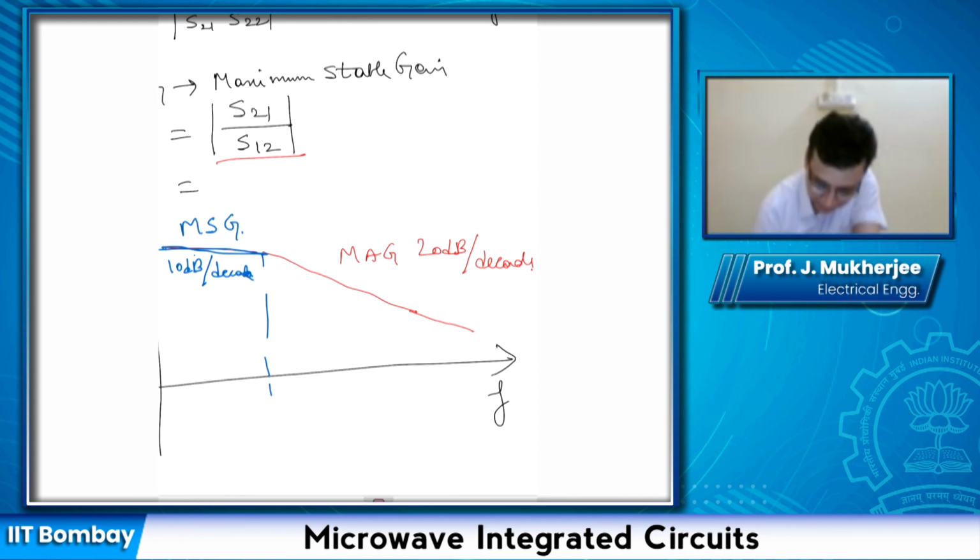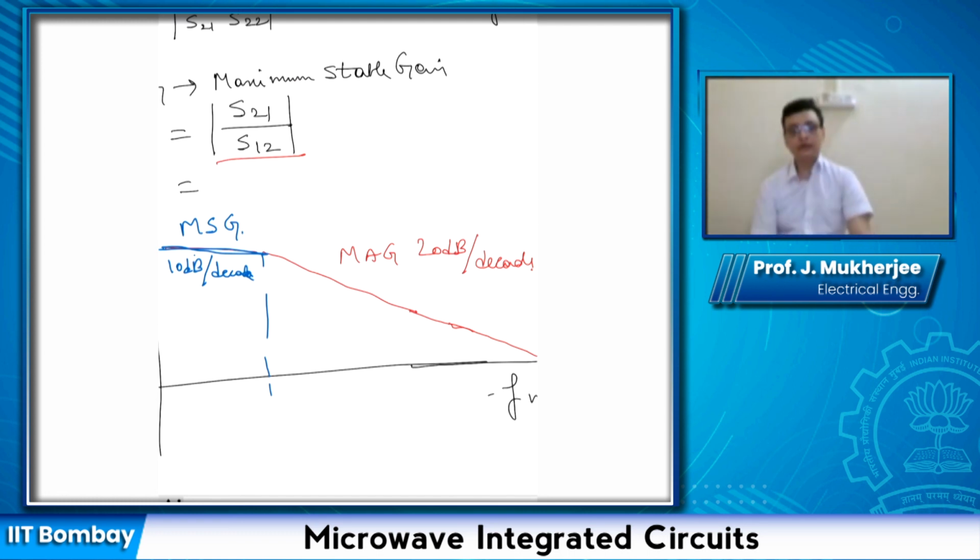Now the frequency where GT max becomes 1, if we go on seeing the value of MAG, for a certain value called F max, the value of GT max will be unity.